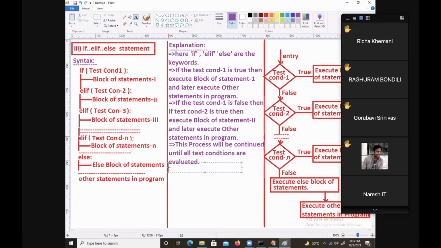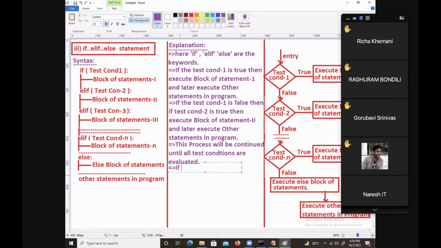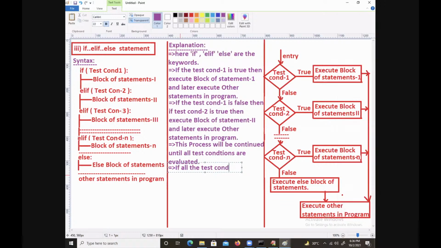If all the test conditions are false, what will happen? Then PVM executes the else block of statements.